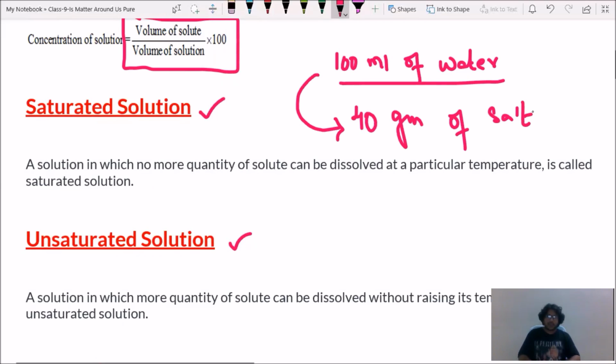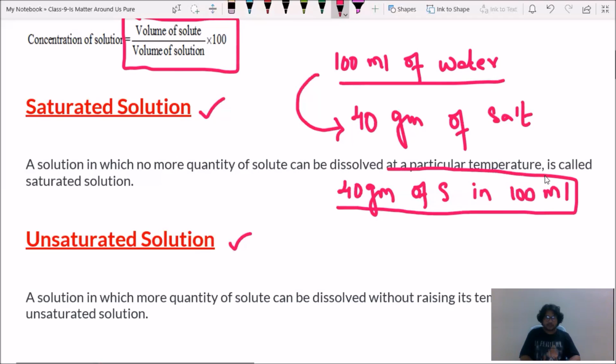Now if you add exactly 40 grams of salt in 100 ml of water, that salt will be completely mixed in that water and no residues or sediments are formed. This will be completely mixed in 100 ml. Such types of solutions are known as saturated solutions.